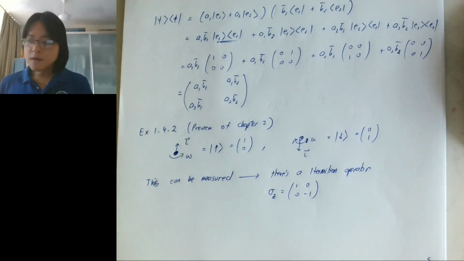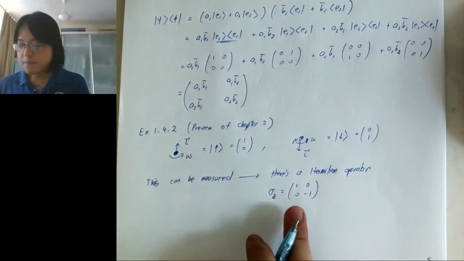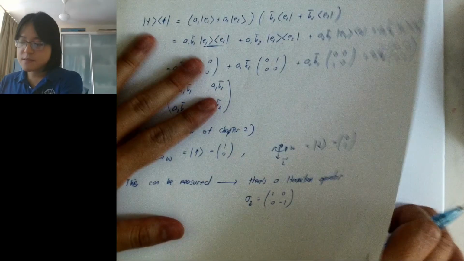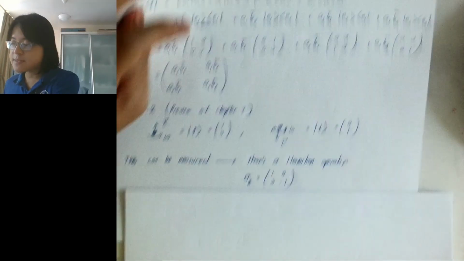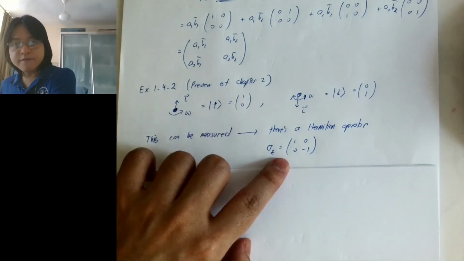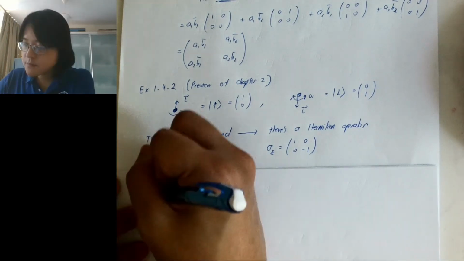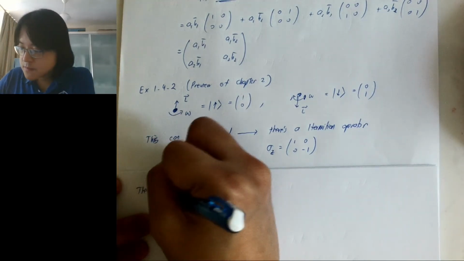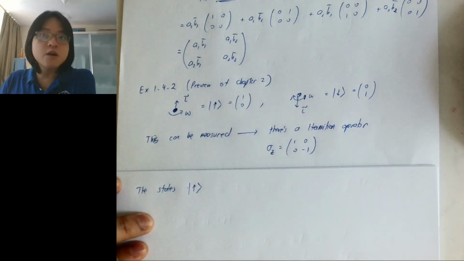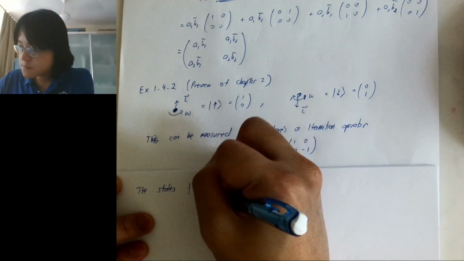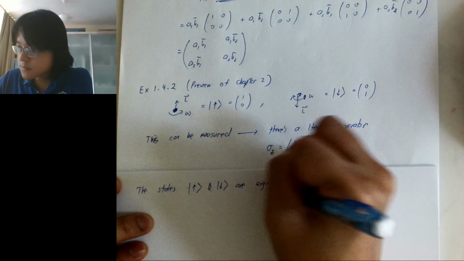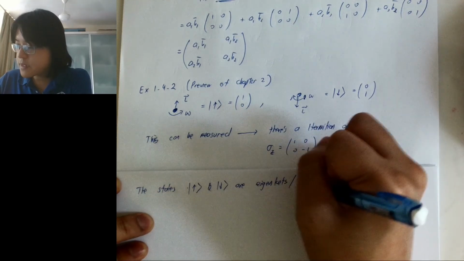Okay, and then let's see what happens if I apply this operator onto these. These are eigenstates, right? So these are actually the eigenvectors of this operator. The eigenstates correspond to the states. Kets, right? Or eigenstates.